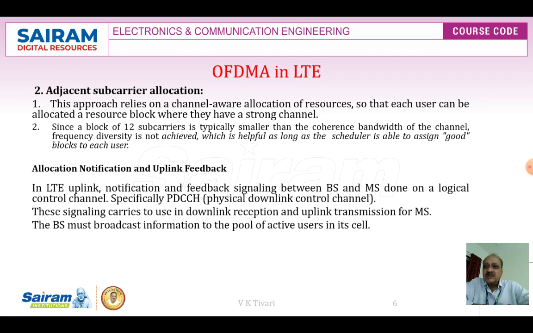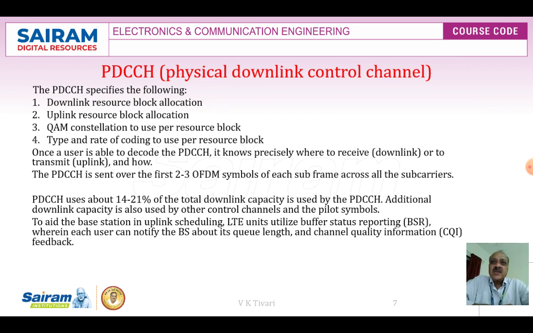This is done on the logical control channel, especially the physical downlink control channel. These signals carry information used in downlink reception and uplink transmission of the MS, and the base station broadcasts information to the active users. The physical downlink control channel specifies the downlink resource block allocation, uplink resource block allocations, adaptive modulation constellation, and type and rate of coding of the user resource block.